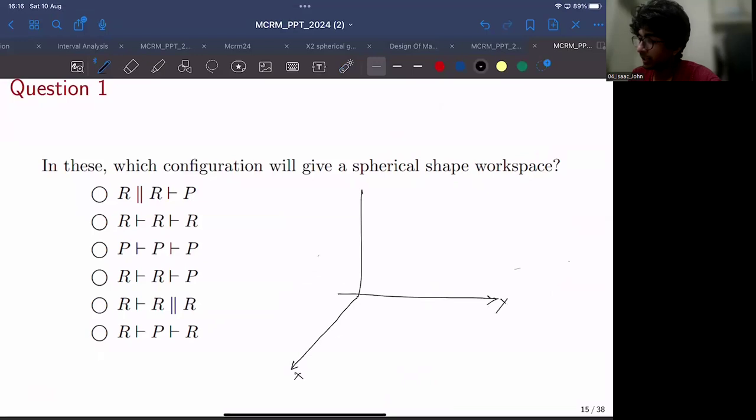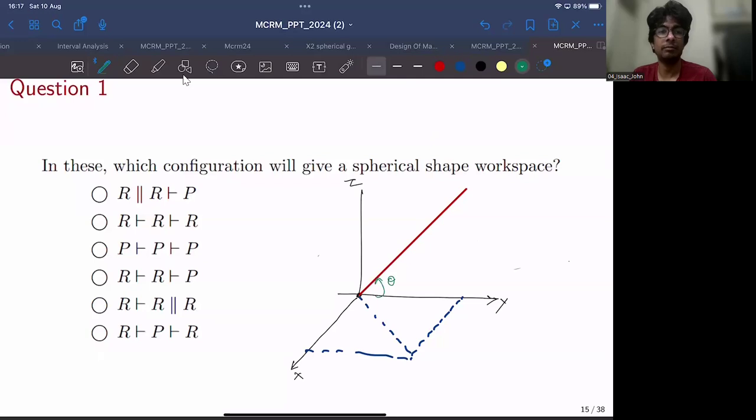This is X, this is Y, and this is Z. So if I have a vector that is projecting out like this, and this vector is rising above the XY plane by an angle of theta, vertically rising by theta, and it is also inclined with respect to the X and Y axis by maybe an angle phi, like this.